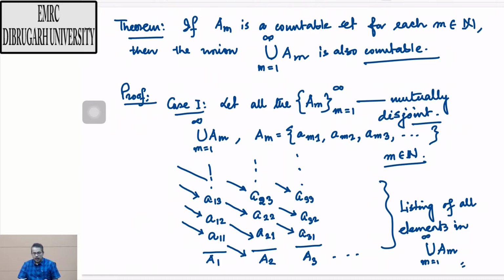This can be done exactly in the same manner as we proved that N cross N is denumerable. In the same manner, we can also prove that the union of the A_m is denumerable, or you can say it is countable.